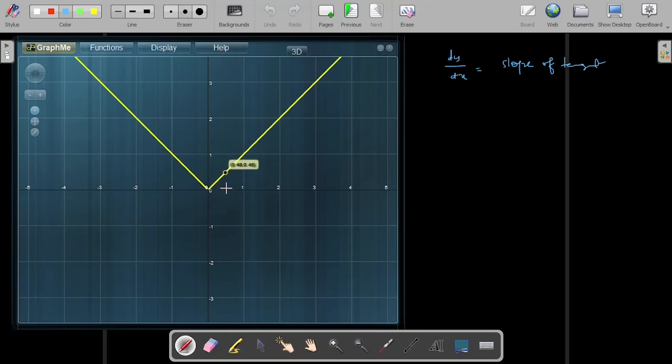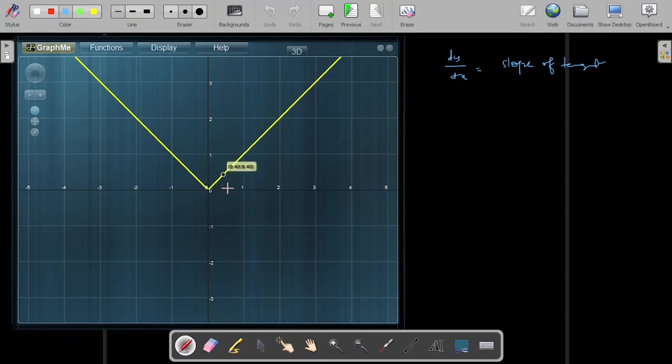But that is not happening here, because at x equal to 0 there is a sharp change or sudden change in the graph of the function. There is a sharp peak here. So though the x-axis looks like a tangent to the curve at x equal to 0, this tangent is not stable. It doesn't reside at the point x equal to 0. It fluctuates.